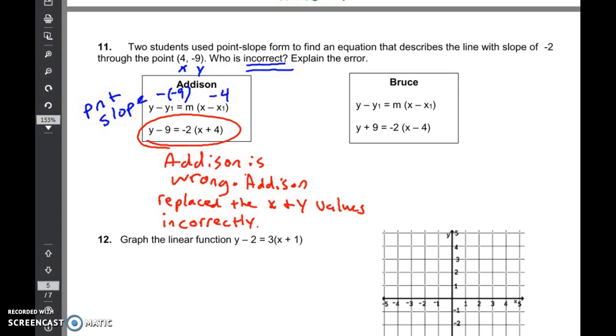I'm not great at these. It should be y plus 9. It should be x minus 4. That would be describing the correction. All right, if you need to pause, go ahead and pause.